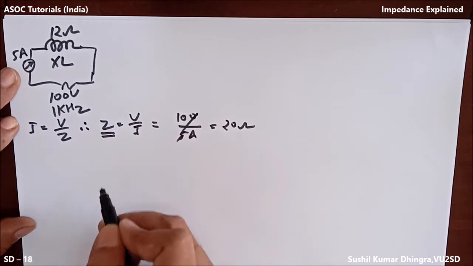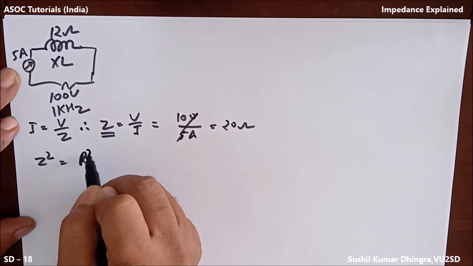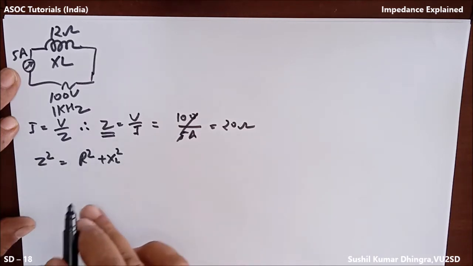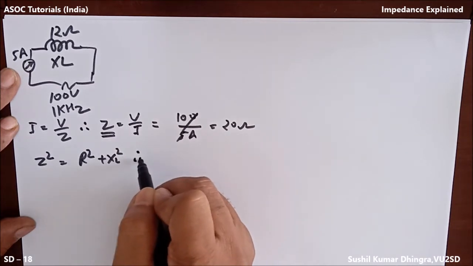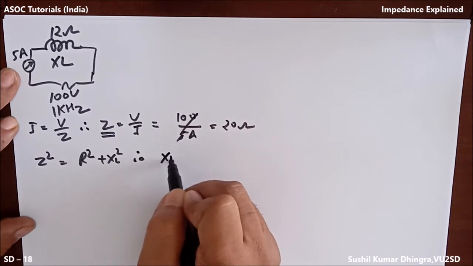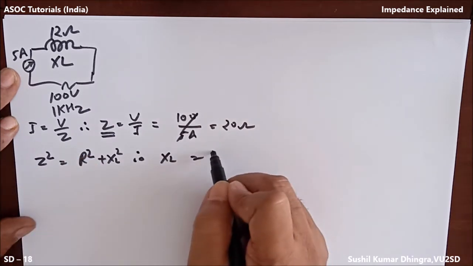Now Z square is equal to R square plus XL square. Remember this one. Now solve this one. XL square is equal to Z square minus R square.